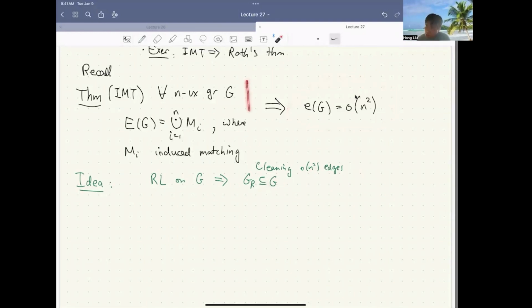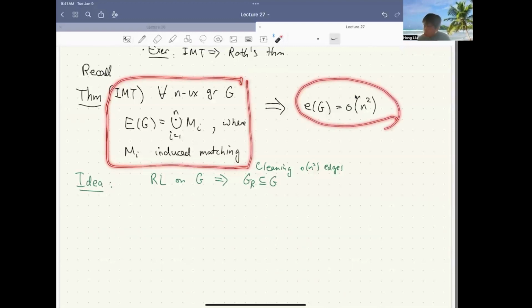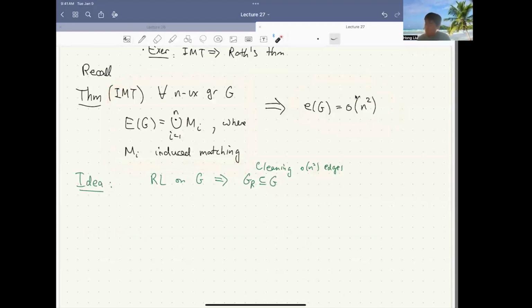Let's assume our graph G is the union of n induced matchings, and suppose otherwise that we have a counterexample with G having a quadratic number of edges. Then we clean away little o of n squared edges. This G_R still has quadratically many edges, n squared edges.